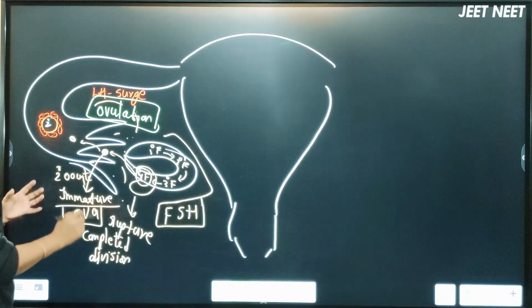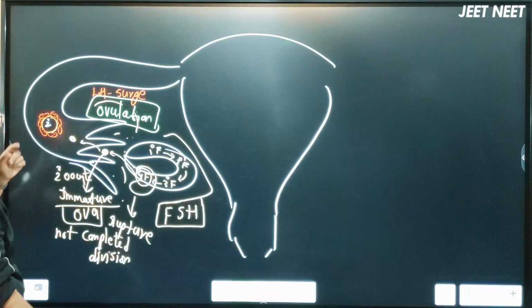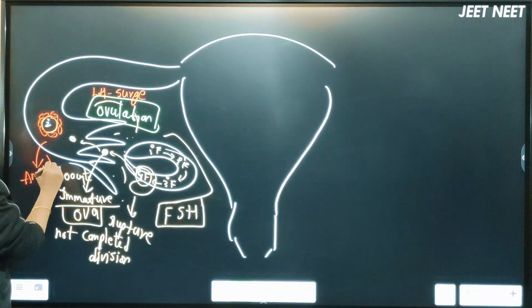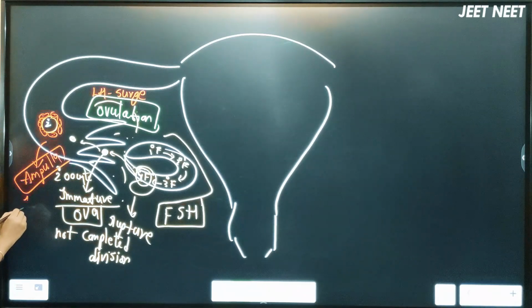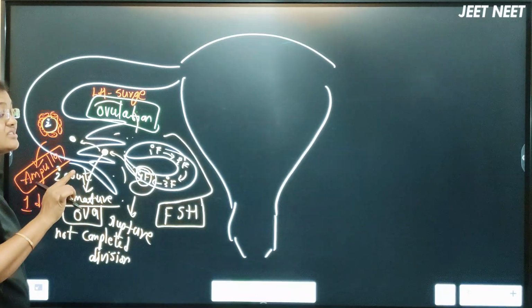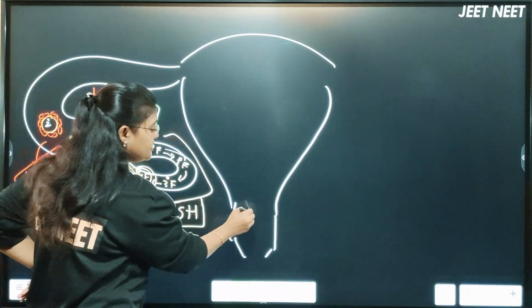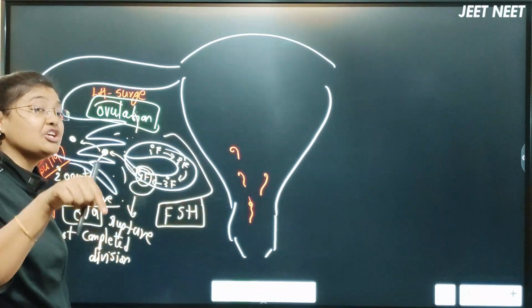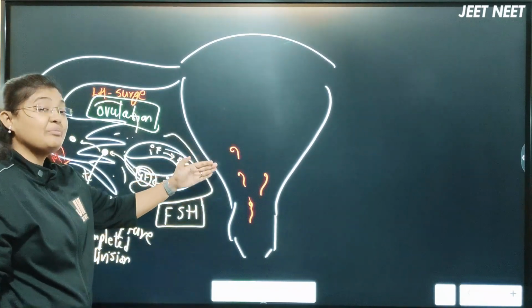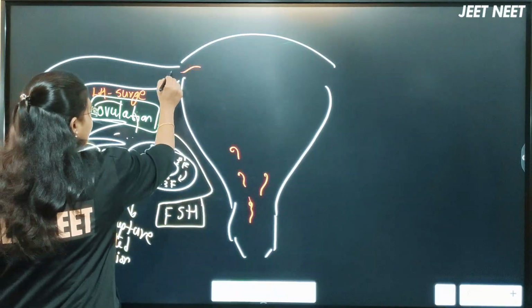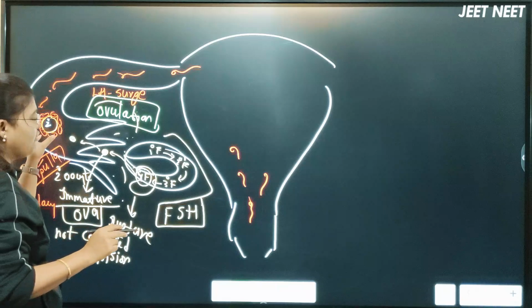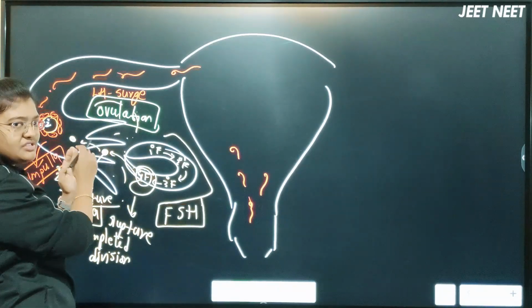Now this immature ova or secondary oocyte will be waiting in the place called the ampulla for 24 hours, or we can call it 1 day, right? If fertilization occurs, if copulation happens, then insemination will happen, then the entry of the sperm will happen, then the sperm will come and enter this ova for the process called fertilization.